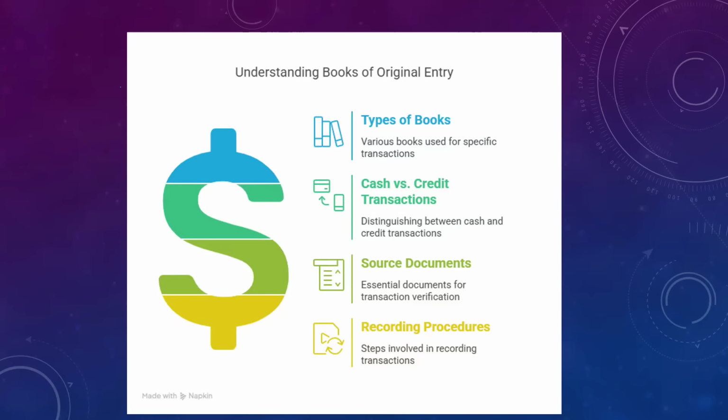All right. Do you all know what source documents are? Your receipts and stuff. All right. If you had to define it, what would you say? It's a document that proves a transaction took place. And you use different source documents for different transactions, right?